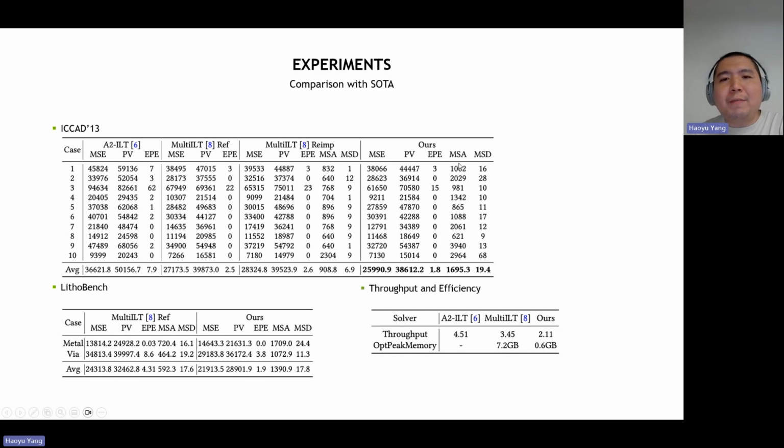It should be noted that we also have very good numbers on the mean shape area and the mean shape distance, which are good indicators for mask manufacturability. We also show the runtime of our approach. We achieve the best throughput compared to the previous work, because we have this curve design retargeting, and we facilitate the convergence by a lot.